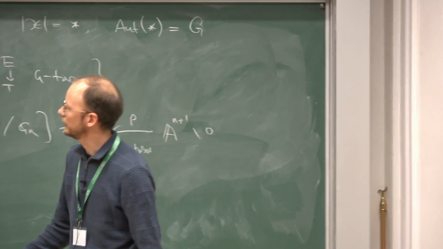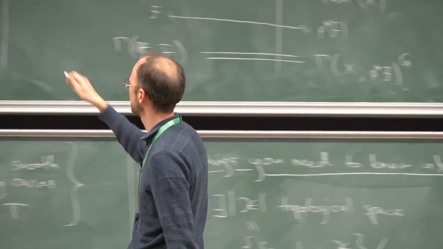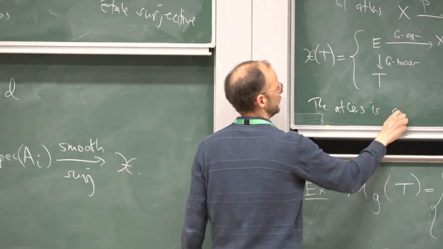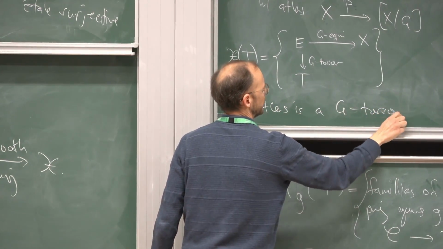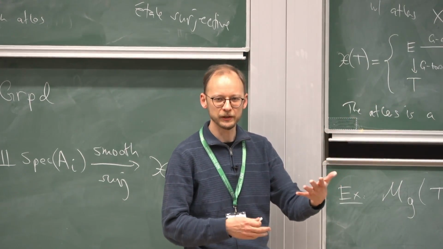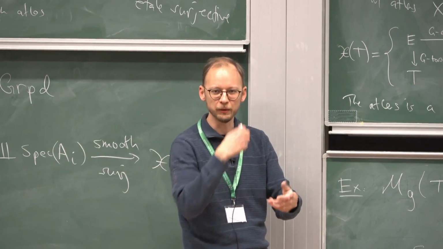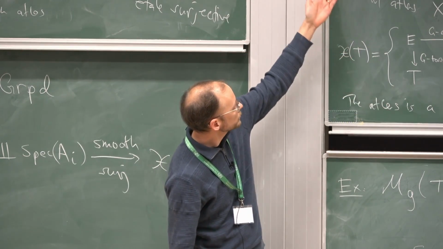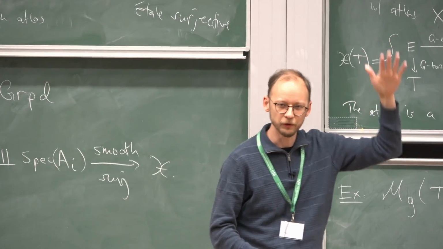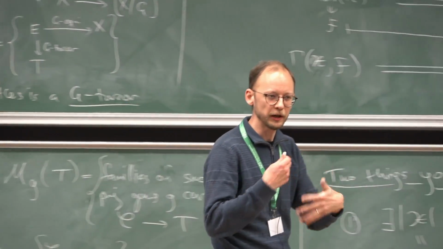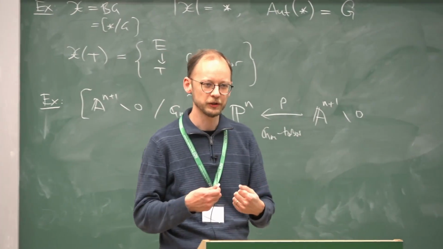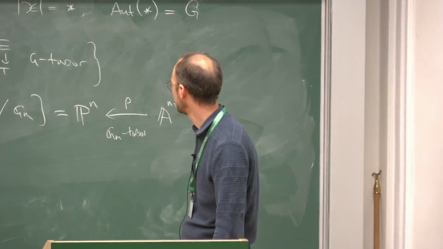Yes, I guess I never said that, but the atlas is a G-torsor. So what this means is that P^n is a free quotient by a free action of Gm, but in general, even if the action is not free, this atlas will look like the atlas of P^n, as if the action was free. So the idea behind stacks is that when you take quotients, they behave as if they were free.